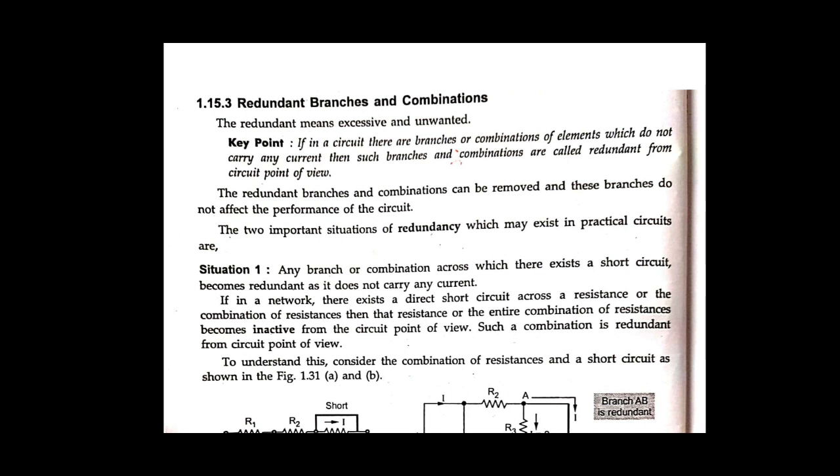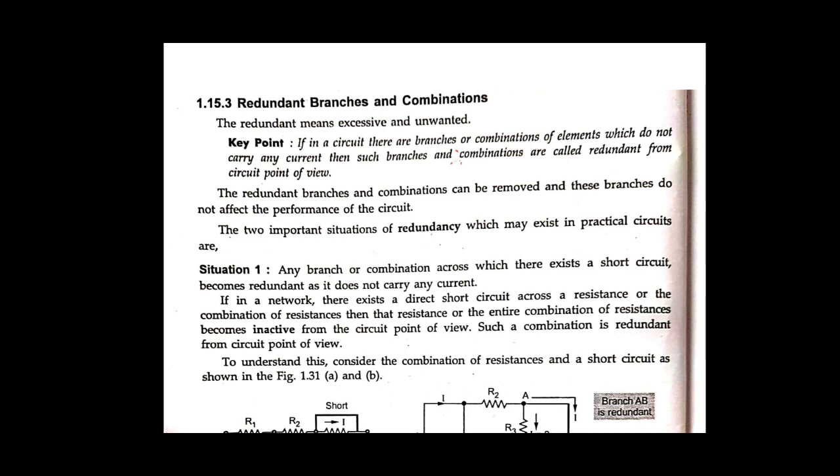Understand? Once again I am repeating what exactly redundant is. Redundant is nothing but a branch or a combination of elements in which no current is flowing. The redundant branches and combinations can be removed, and they do not affect the performance of the circuit.